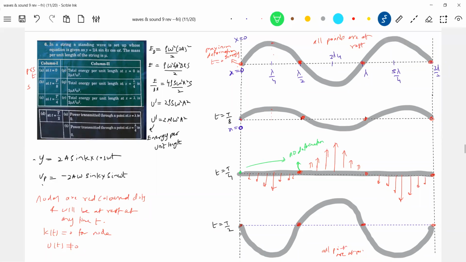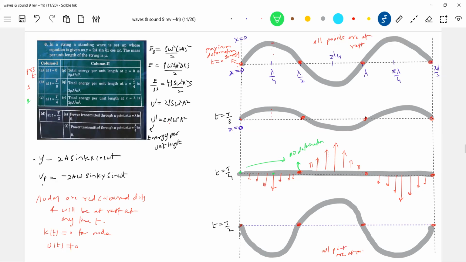Now let's come for the antinode. I'm coming to t equal to T by 4. So there will be maximum kinetic energy, no? The kinetic energy present is maximum, and that maximum is the energy per unit length. So therefore, this Q I'll pick up first.